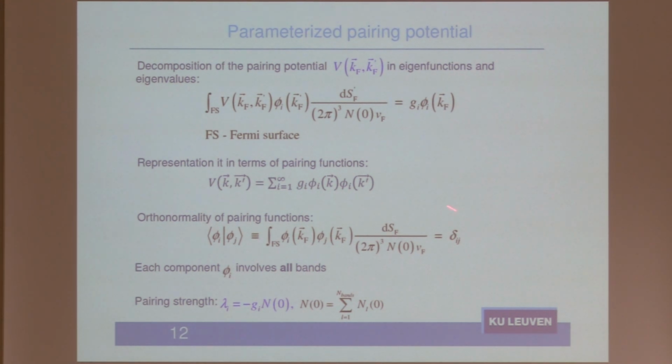Generally it involves an infinity, but we take only the relevant ones, and they will enter with this coefficient g. This coefficient g is the eigenvalue of such an equation. But we say that, suppose that we already solved it, we know this Fi, and the gi will be our parameters which will vary.